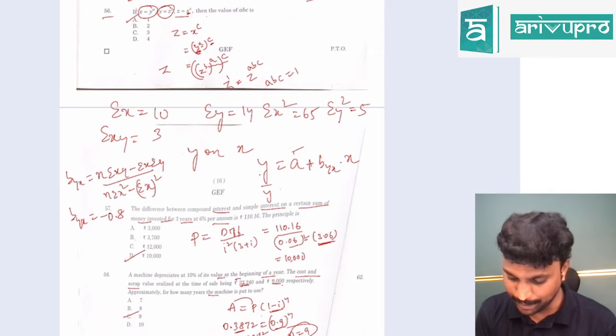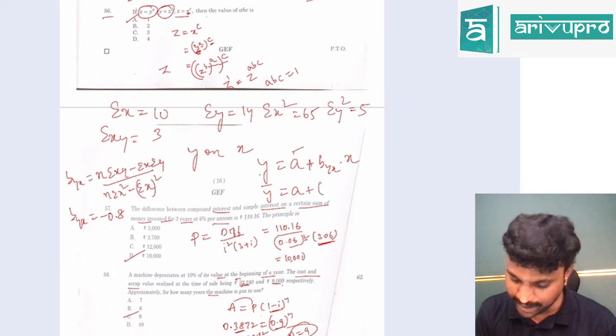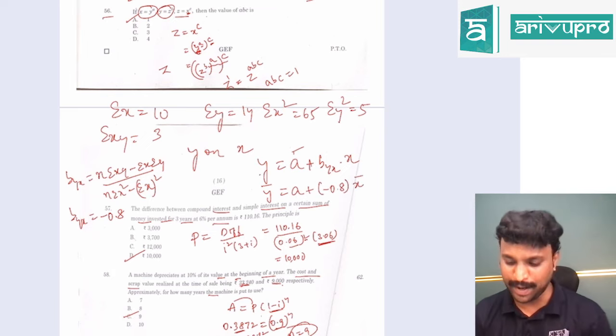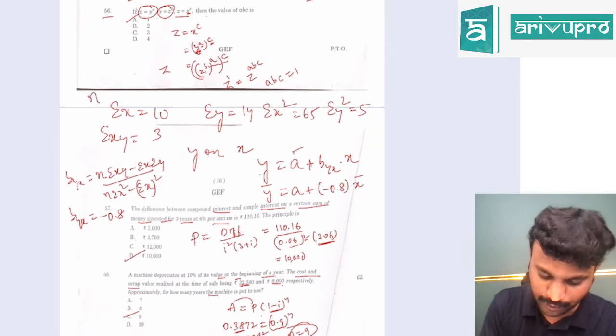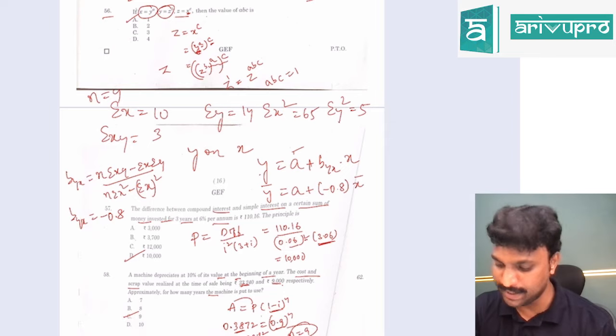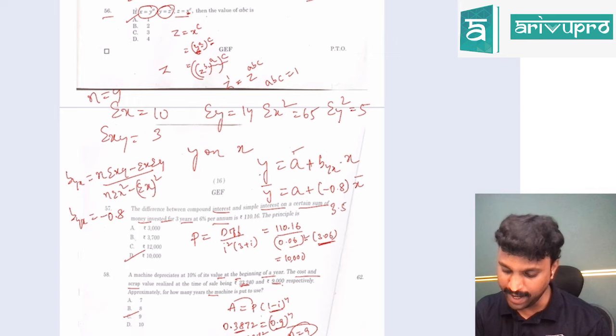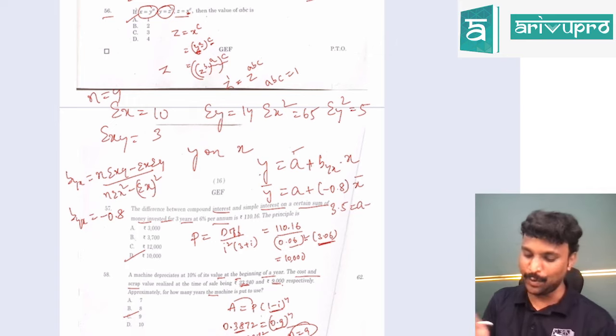So therefore y bar is equal to a plus byx, which is minus 0.8. In place of x, you have to plug in x bar. What is y bar? Summation y by n. n is equal to 4 here. So summation y is 14 divided by 4 is 3.5. So y bar is 3.5 is equal to a plus minus 0.8 into x bar.